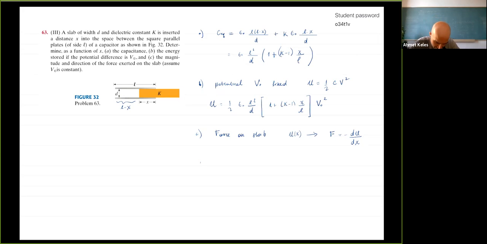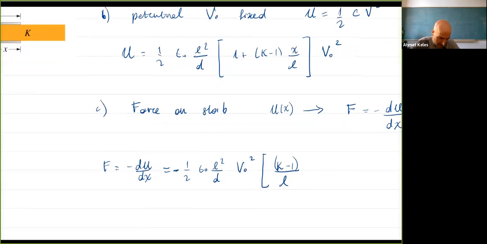Force is equal to minus dU dx, which is equal to, let's take the derivative, 1/2 epsilon naught L squared over D times V0 squared. The only derivative is inside, and it should be equal to k minus 1 over L, and there's an overall minus. I don't need these square brackets.